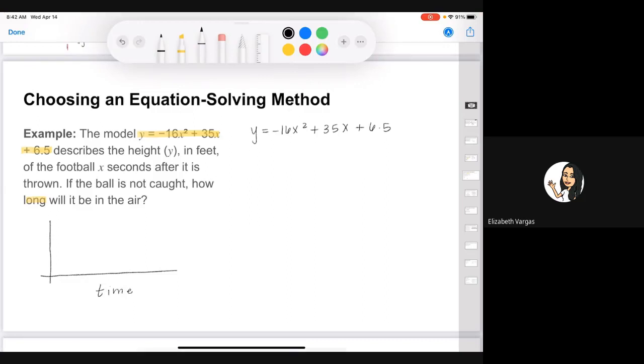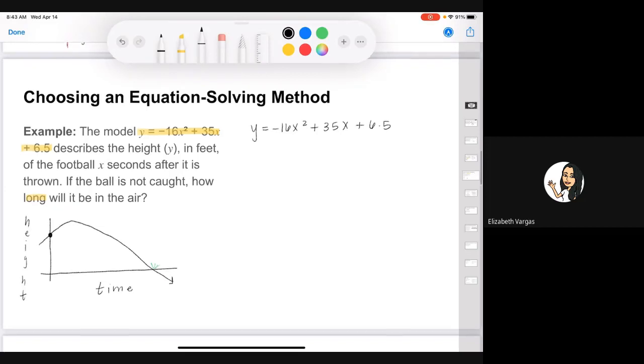This is time, this is height. And what I'm looking for is if my ball was thrown, how long would it be in the air before it actually hit the ground? That's my representation of ground. And the reason it starts up here is because remember that in our original equation, the initial height was 6.5.